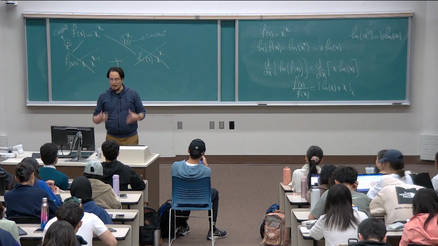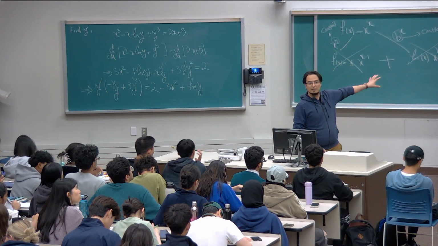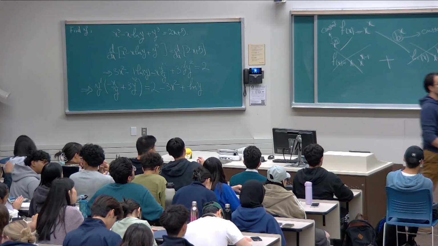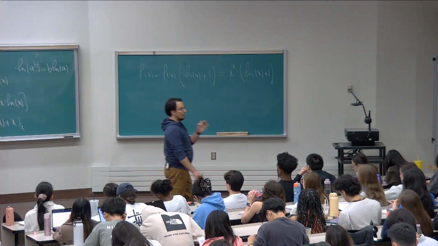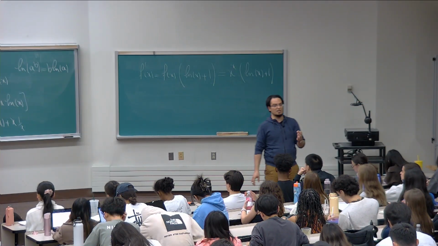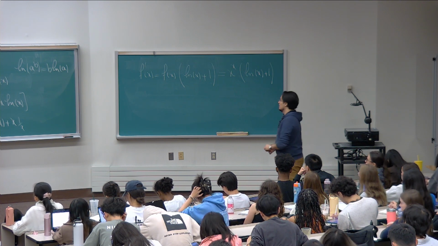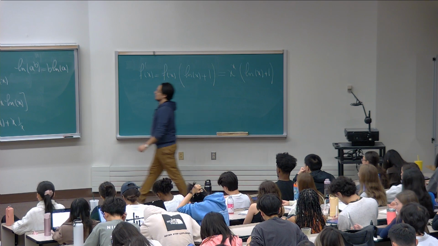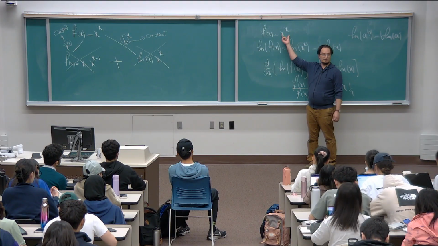Where is it coming from? That is the trick we are doing. This is a nice trick that helps us handle such differentiations, specifically expressions that you can simplify after taking ln of them.